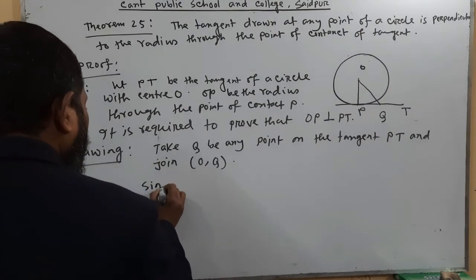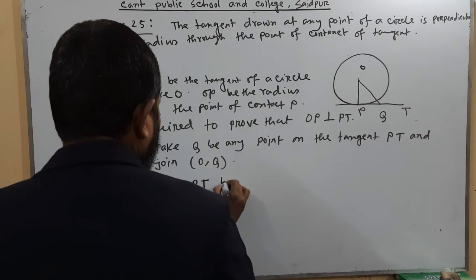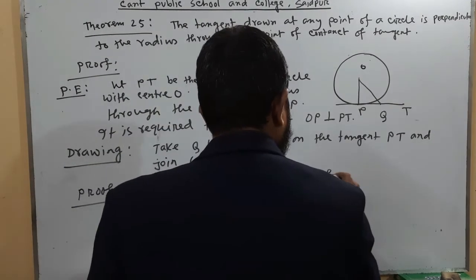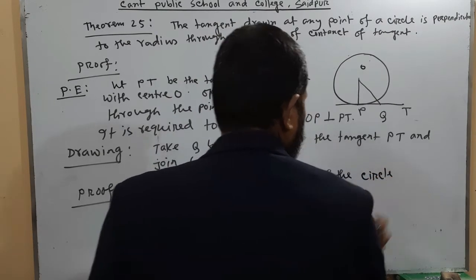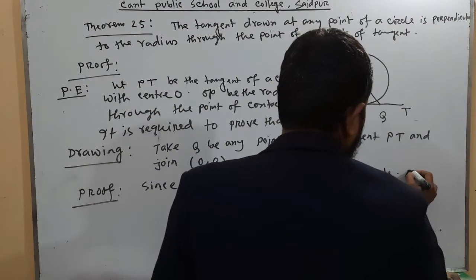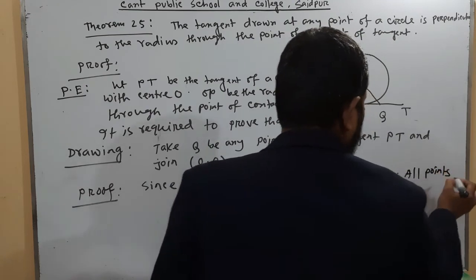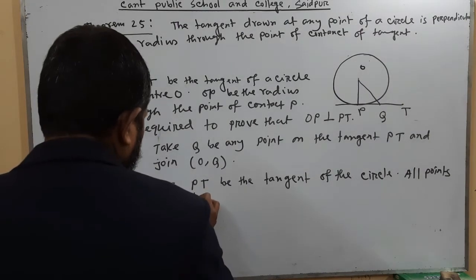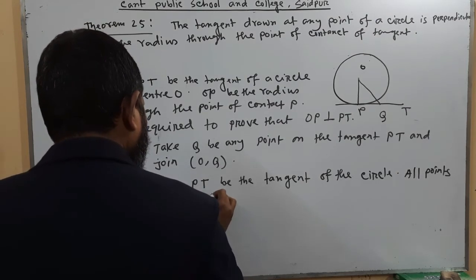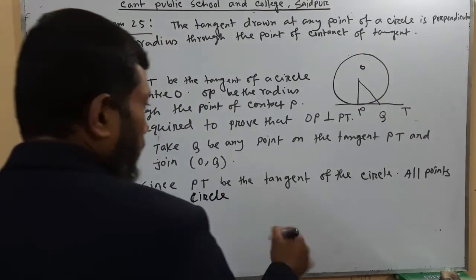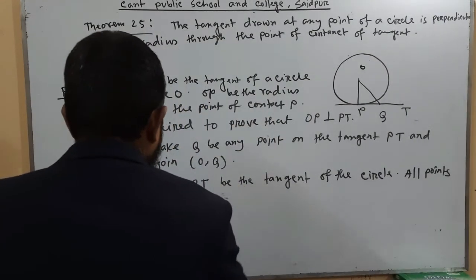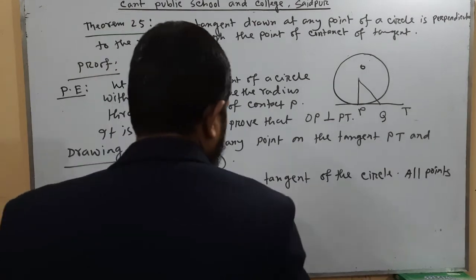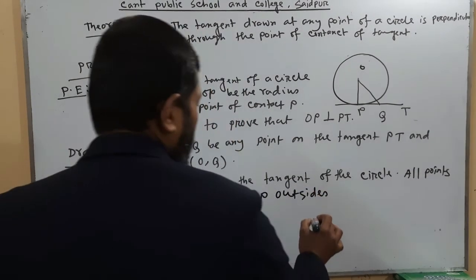Since PT is the tangent of the circle, all points on PT except P are outside the circle.